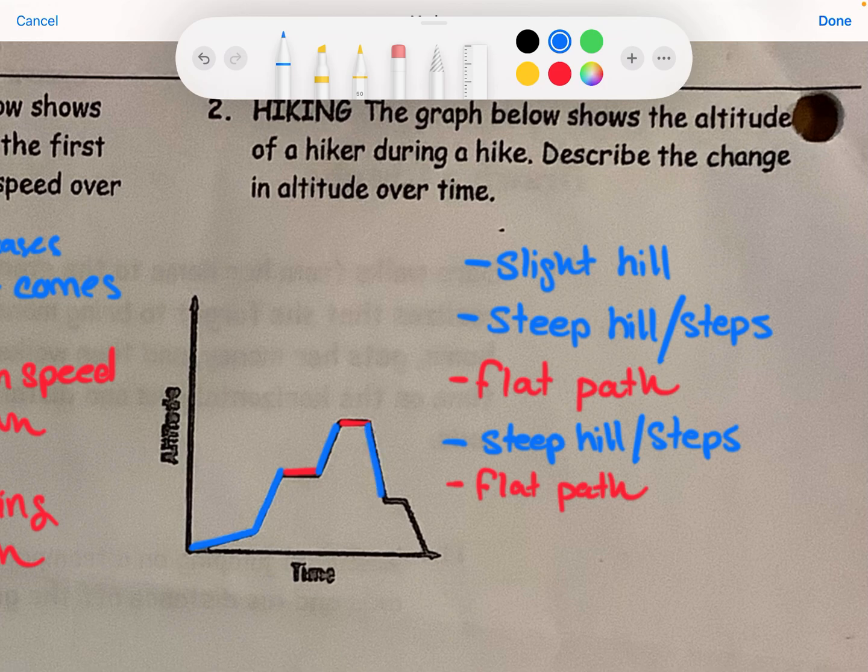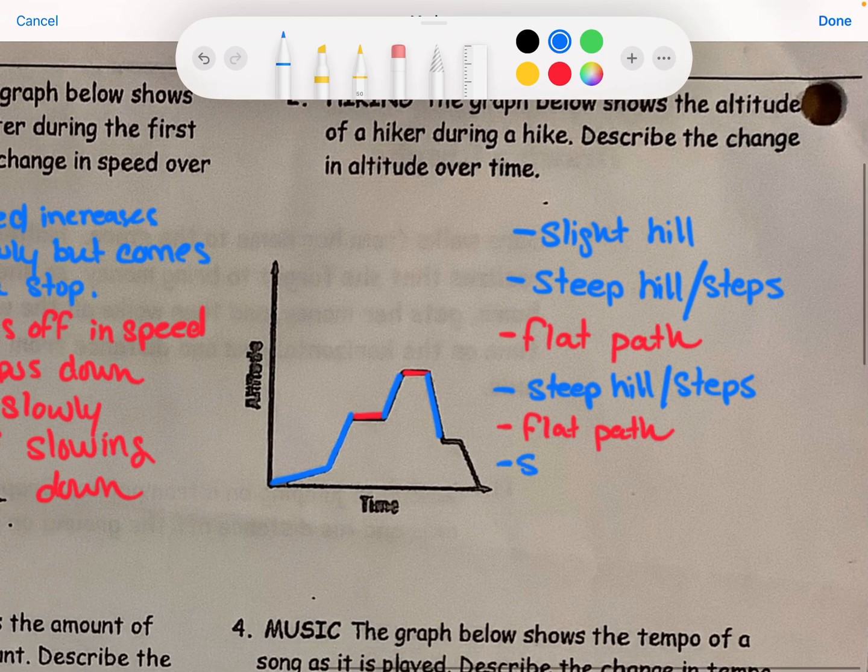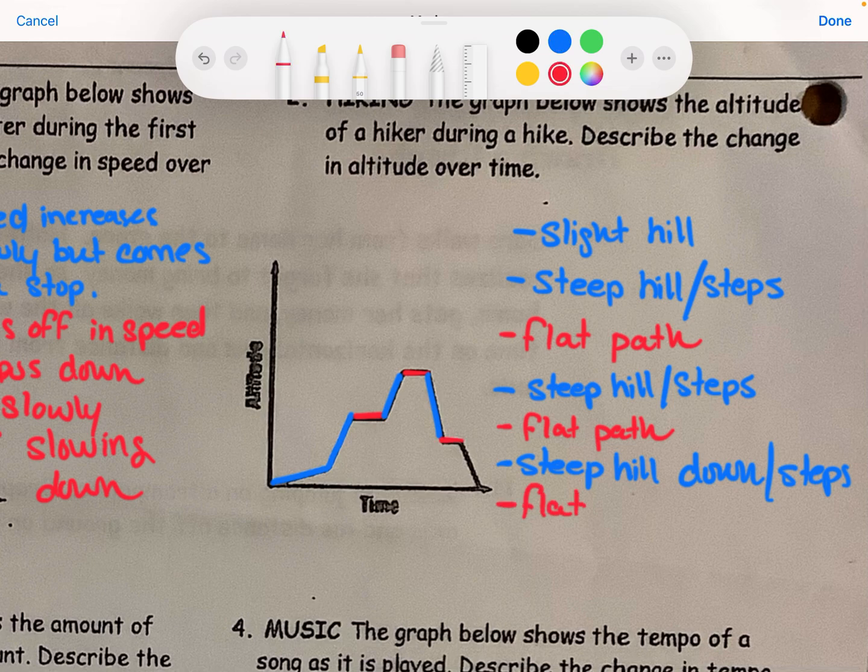Then it's a quick way down, so steep hill again. Steep hill down, or maybe steps. Again, something to get them there quick. Then it's a flat path, because the altitude is staying the same over time. And then again, another quick altitude drop. So again, another steep hill or steps going down.